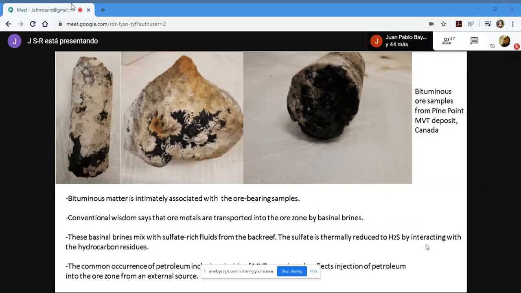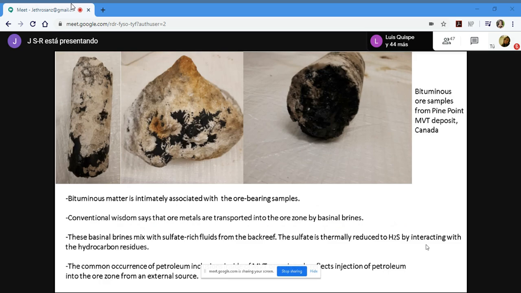Here are some examples of bituminous ore samples from the Pine Point, Mississippi Valley type deposit in Canada. The most important thing perhaps to notice of these images is that the samples are highly bituminous, and that this bituminous matter is often derived from petroleum fluids that infiltrated the rocks.